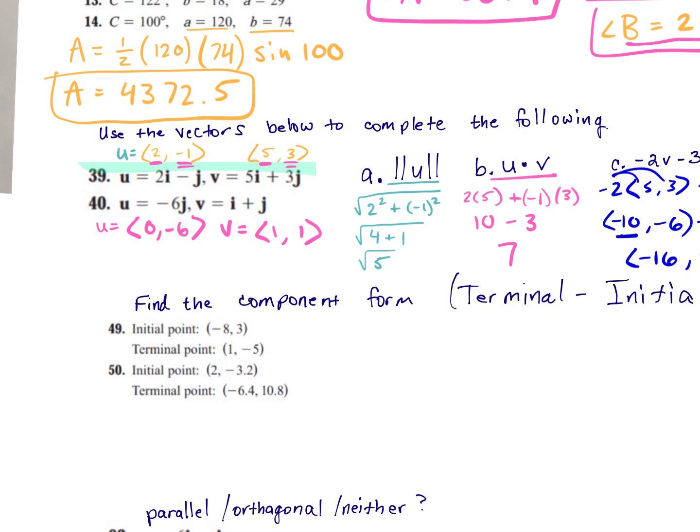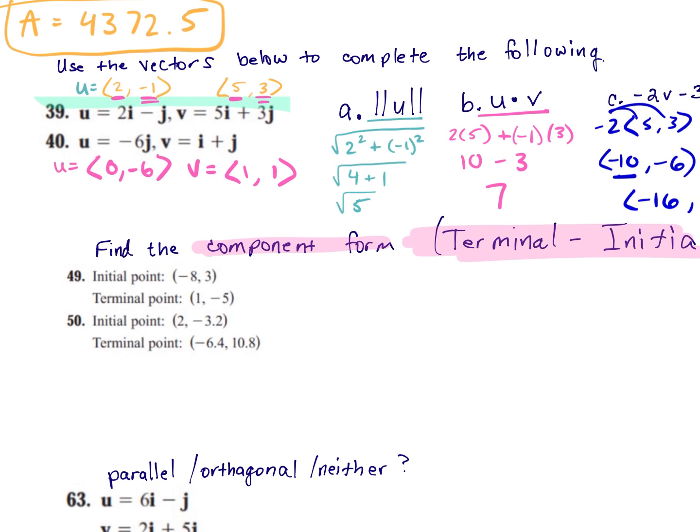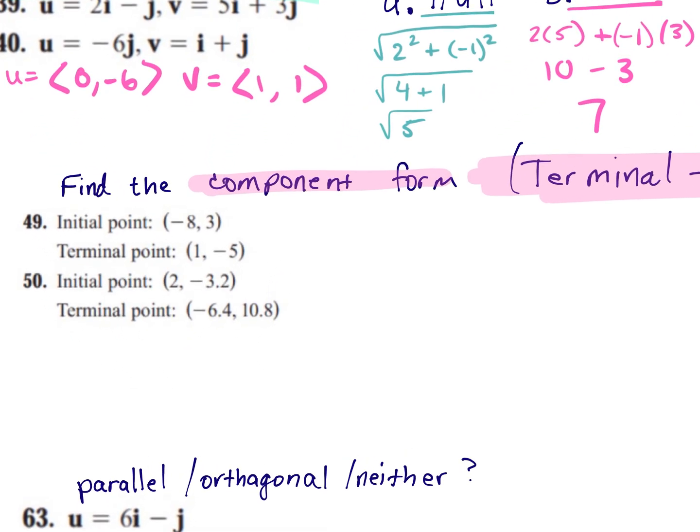Next, let's look at 49. Here we're finding the component form. Component form is terminal minus initial. It'll tell you which one's your terminal and which one's your initial. So terminal minus initial would be 1 minus -8, so that would give us 9.